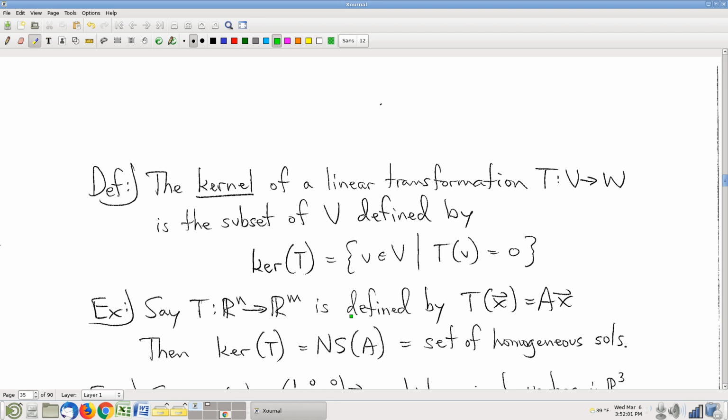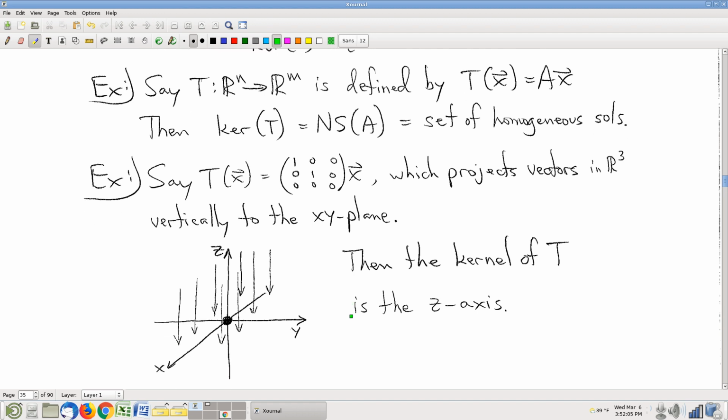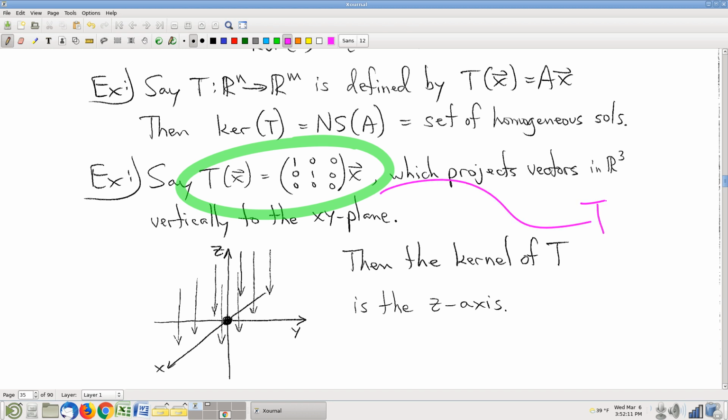Okay. Here's a hands-dirty example. Let's look at this function here. Let me write out explicitly what this function does. This function T of (x, y, z), well, just plug in x, y, z, multiply by that matrix that's got a lot of zeros in it, and what you end up with is (x, y, 0).